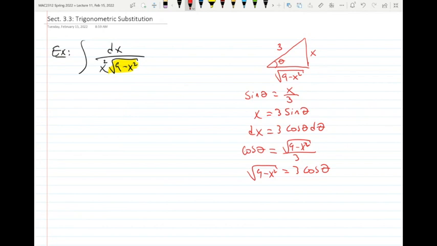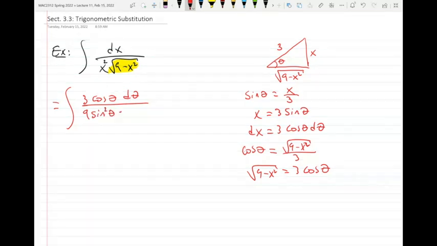Now we are ready. Let's go back to the integral and plug in. So dx, that's 3 cosine theta d theta. X squared, that's 9 sine squared theta. I just squared the x that I have in there. And my square root is 3 cosine theta. And now we work. So for example, these guys cancel out.